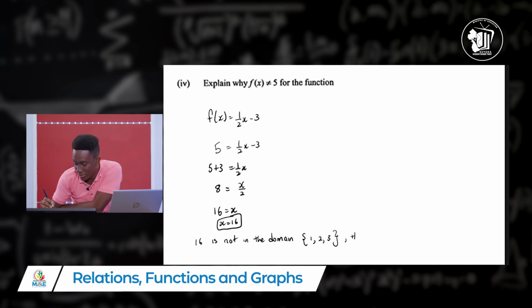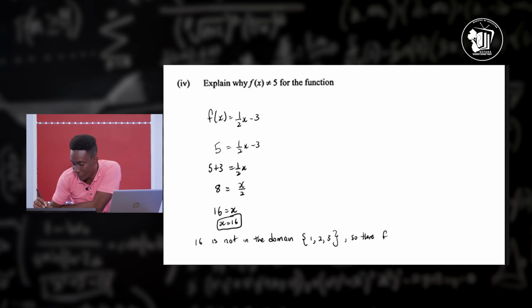So therefore, f of x cannot be equal to 5 because the value of x will be 16 and 16 is not in this domain, which is from 1 to 3. And that is why the function f of x cannot be equal to 5.